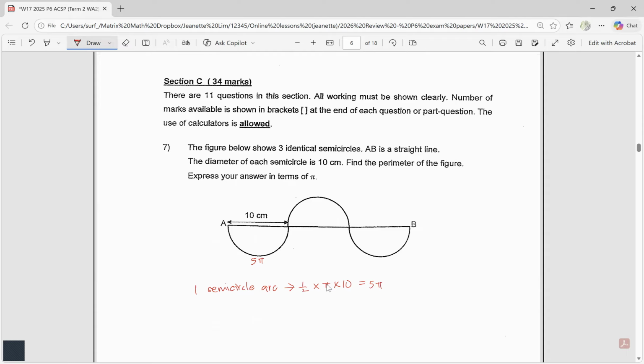And you have 3 of them. So 5 pi times 3, which is 15 pi. Okay, 5 pi, 5 pi, 5 pi. What's missing is your 10, 10, 10.